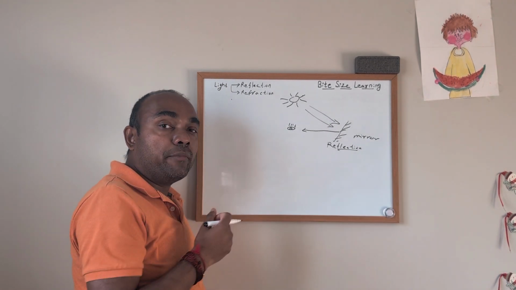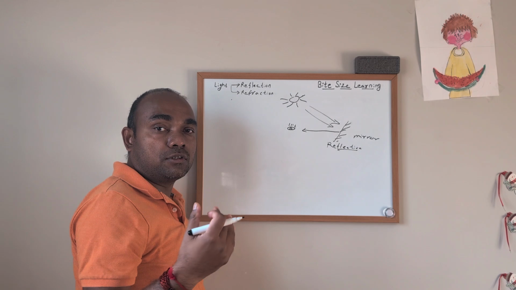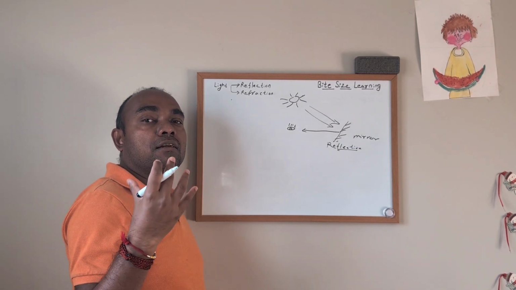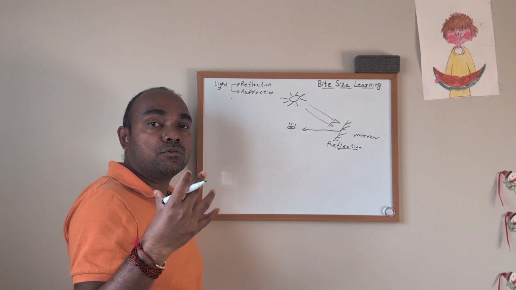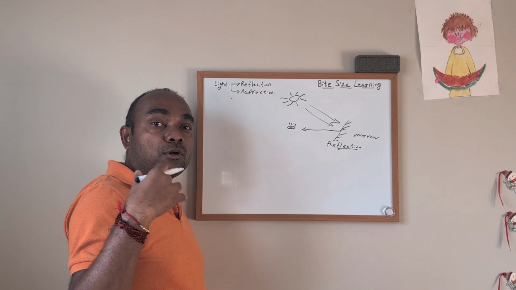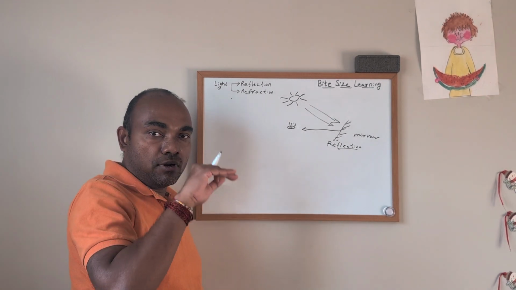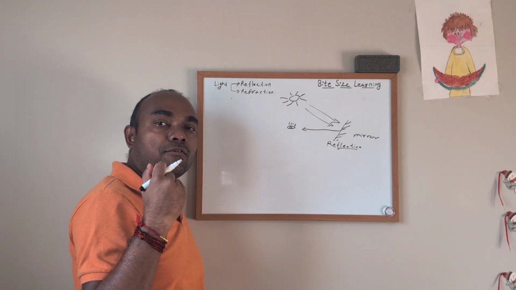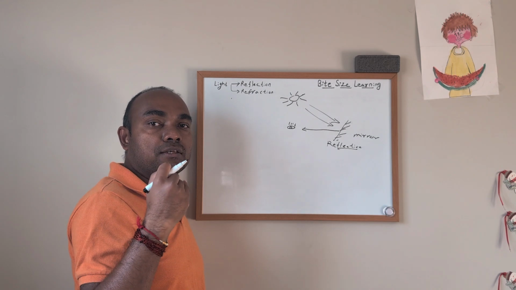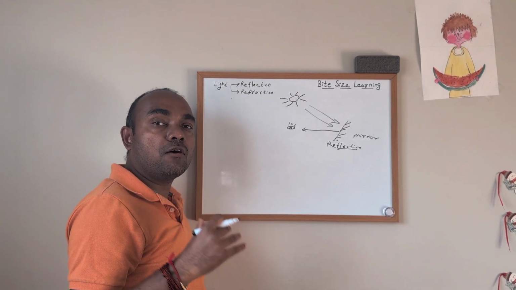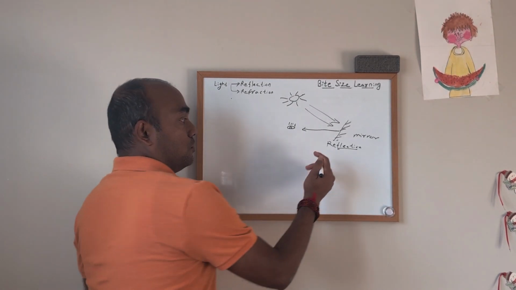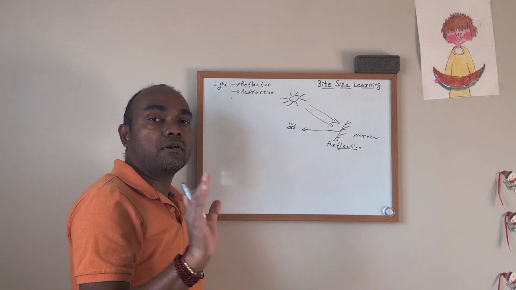Let's say you have a mirror, you will be able to see yourself. If you have any other object, let's say a tree or stone, you're able to see because they are reflecting that light. Light is going into that and they are reflecting it, and it is coming to your eyes because of the phenomenon of reflection. So you are able to see an object because of reflection.